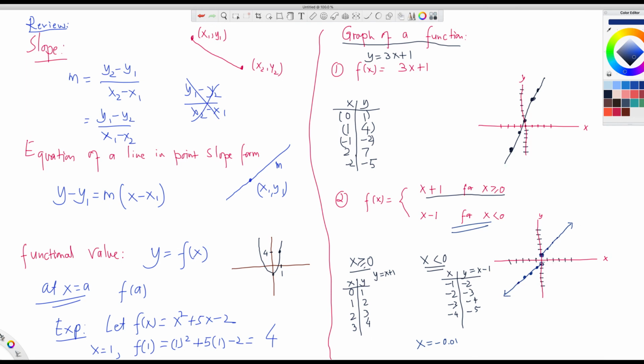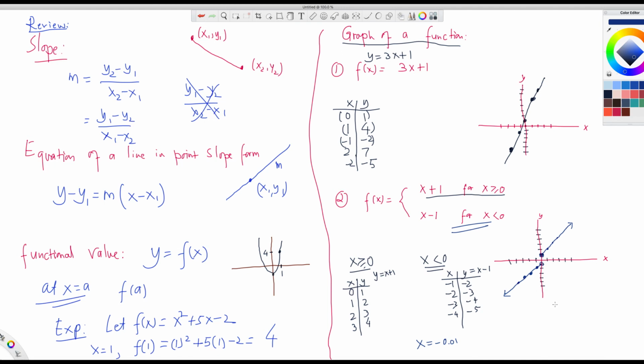You see that? So if I ask you what is the height of the function at x equals 0, it will be 1. You look at the closed circle, not the open circle. It looks like at 0 there are two graphs, that is true, but you look at the one that has the closed circle for the height or for the functional value, okay?